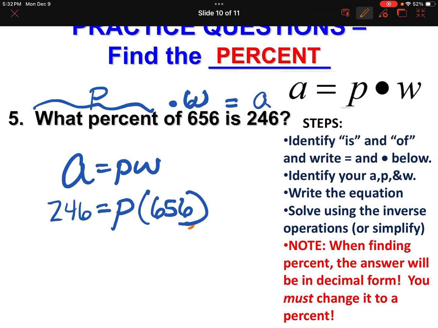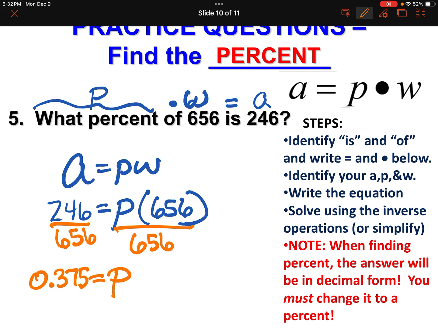Solving this equation would leave me with 246 divided by 656, which would leave me with P equals 0.375. Remember, don't put a percent sign on it. Do not put your percent sign till you've moved it 2 to the right, 37.5%.